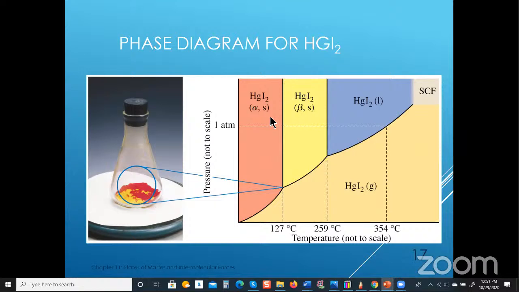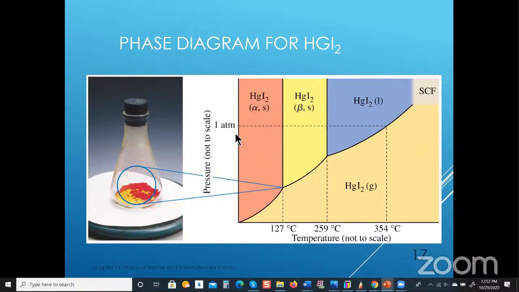So that has to be taken into account when you're constructing the phase diagram for such a substance. So you have two solid states, then the liquid state, then the gaseous state over here, and the supercritical fluid in this region right here.